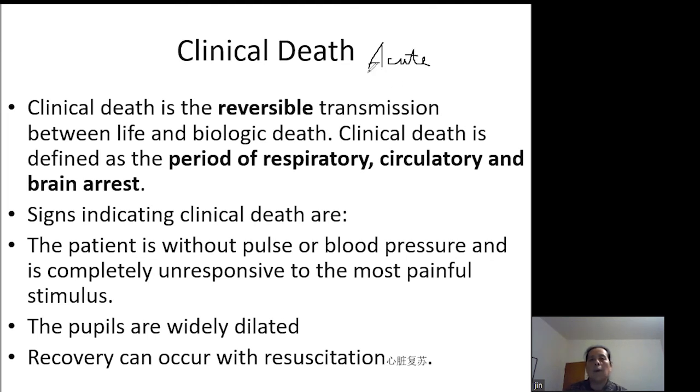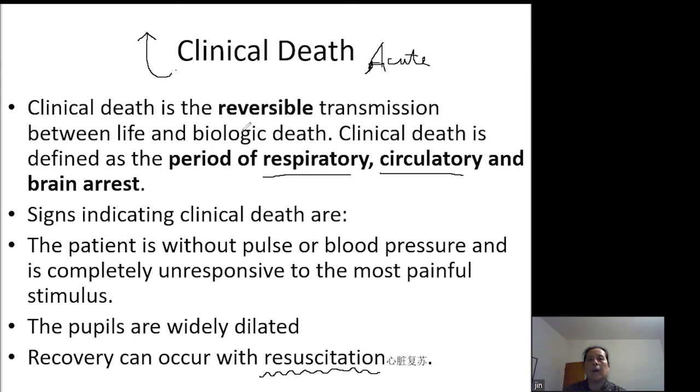Let's talk about some causes. One reason is electrical shock. Some people directly touch electricity, and then respiration stops and circulation stops. But if we immediately try to save the person's life, the person can possibly recover from the death stage.